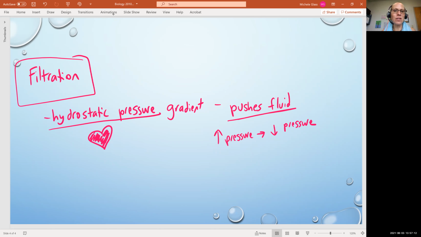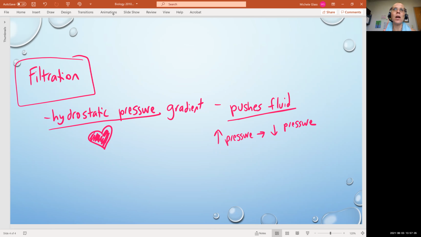That's where things can enter and exit the bloodstream. And so finally, it's like this big push, big push, big push, and then you get to a point where stuff can exit. And so at the capillary, you get this filtration of stuff leaving the blood, flowing across the tissue. Ultimately, we'll see a lot of that material comes back into the bloodstream. But this is what we're talking about with filtration.